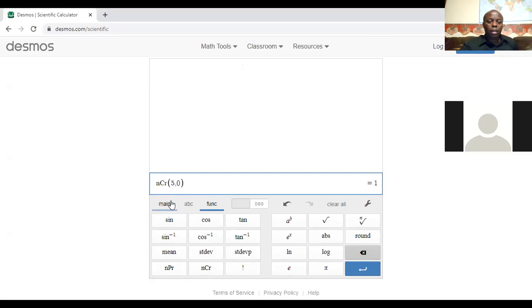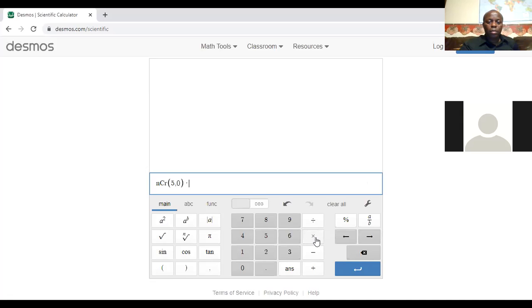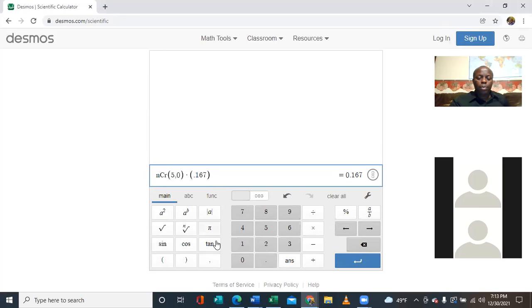Times, for P, 0.167, raised to the power 0, times 0.833 raised to the power 5 minus 0, which is 5.